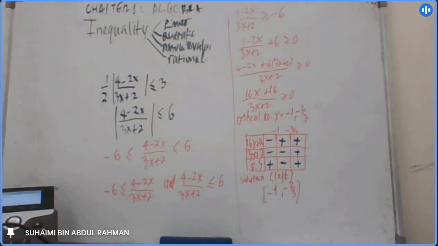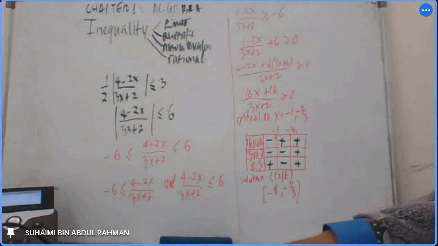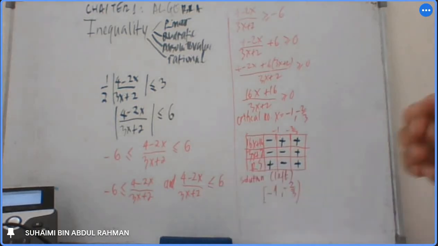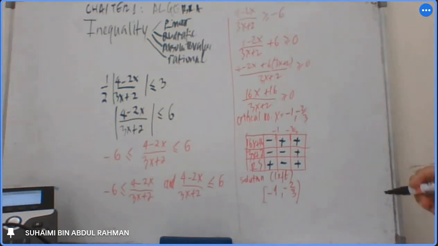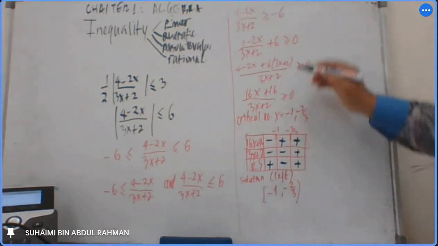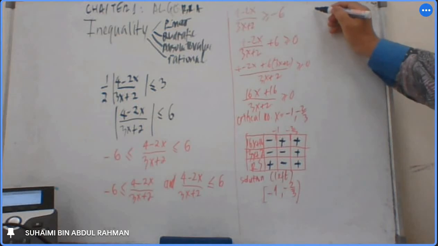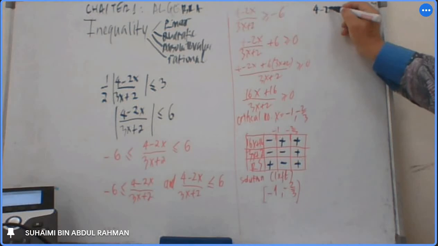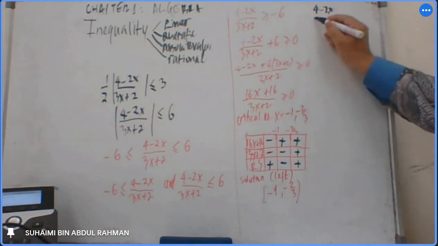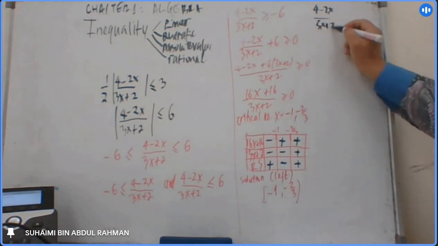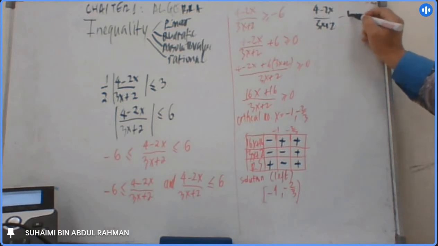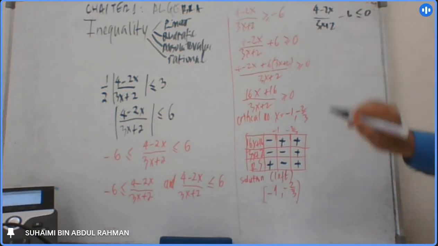Now we go to our right. This is our right. (4 minus 2x) over (3x plus 2) minus 6 less than or equal to 0.